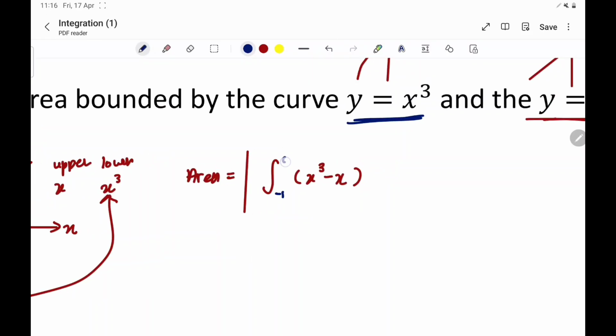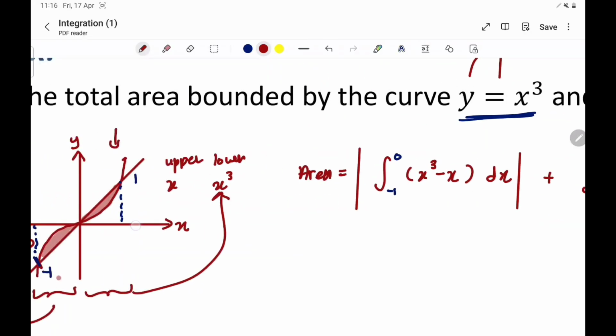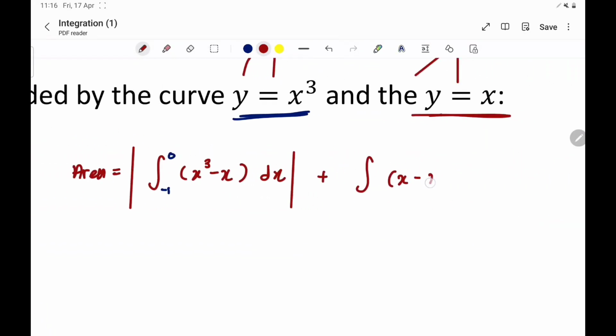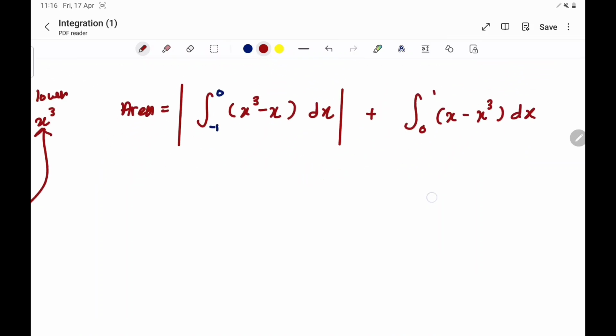So you put -1 until 0. And then you plus x minus x to the power of 3 for this region, where upper is x, lower is x to the power of 3. So you substitute here 0, 1, and this one is still going to be positive because it is at the positive region.